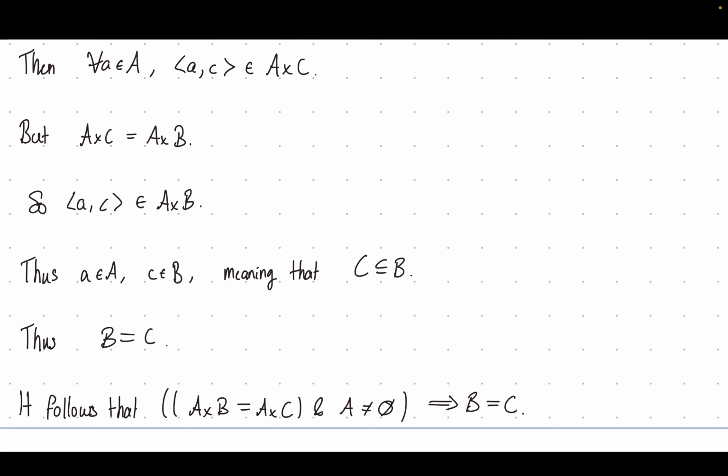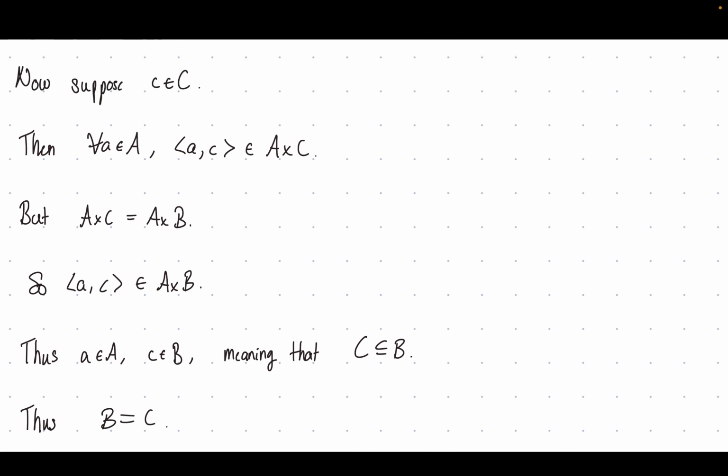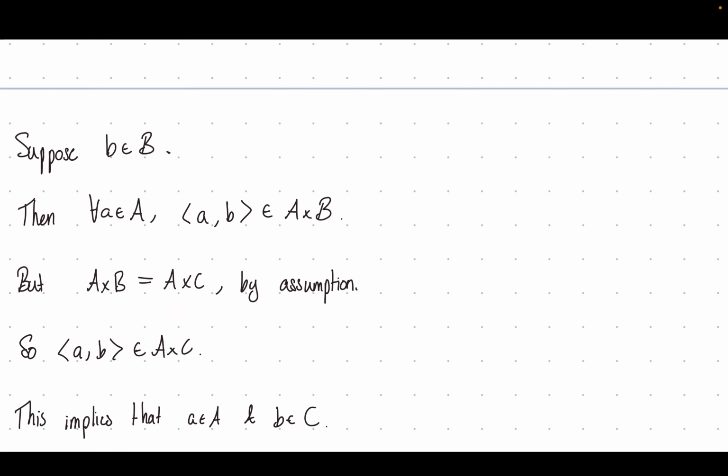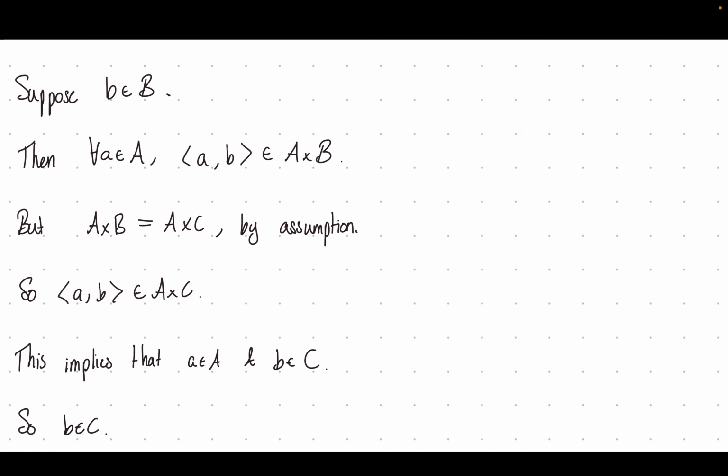Right, and you may be wondering, where exactly did this assumption go? So here we made an assumption that for all a in A, right? Now if A is the empty set, then A cross B is the empty set, because as you might recall, A cross B is the set of ordered pairs (a, b) such that a is in A and b is in B, right?